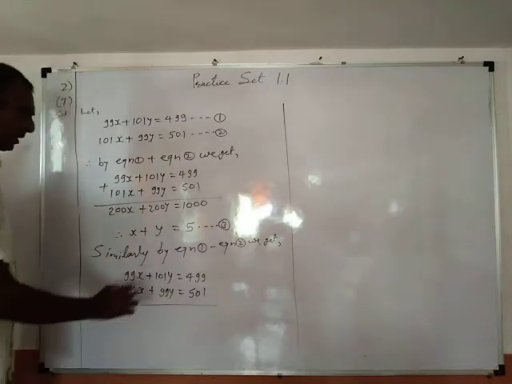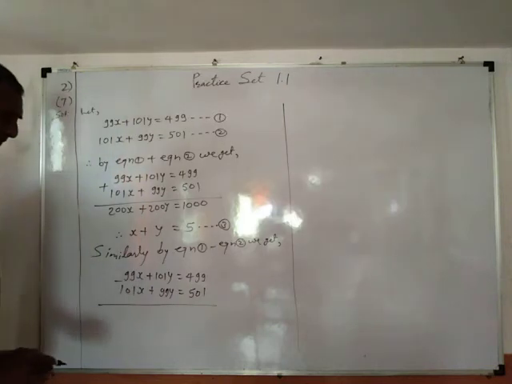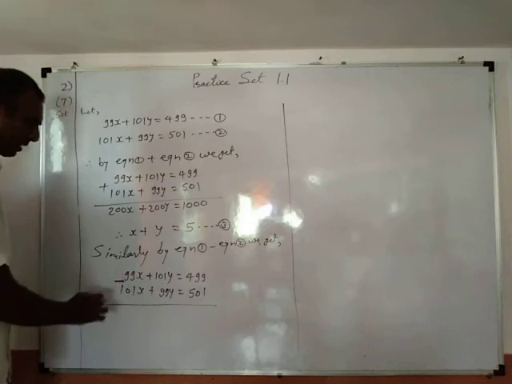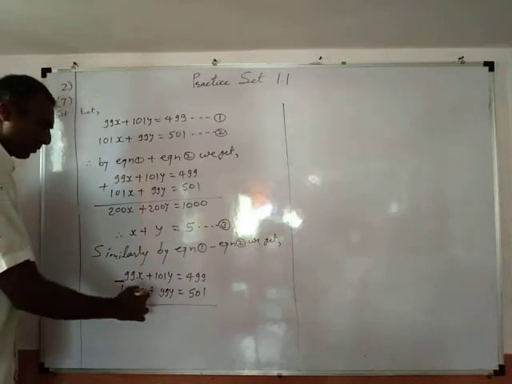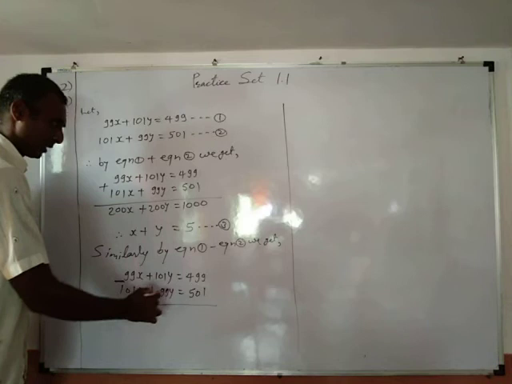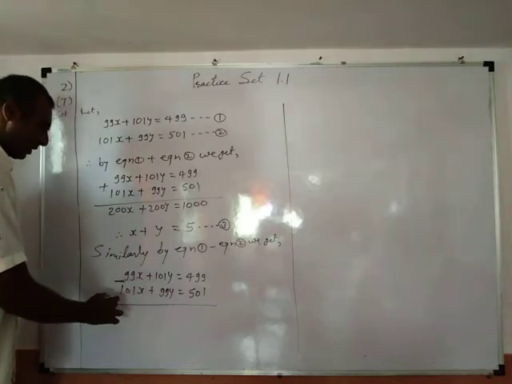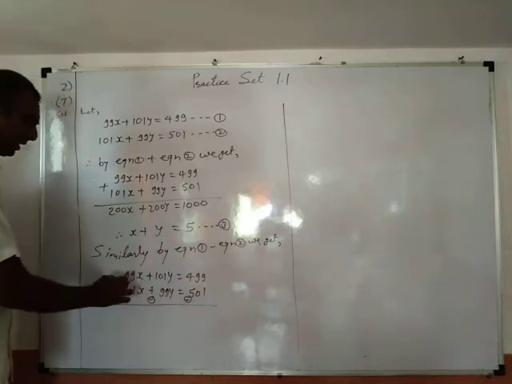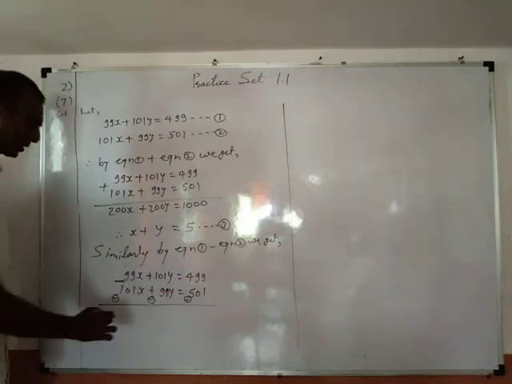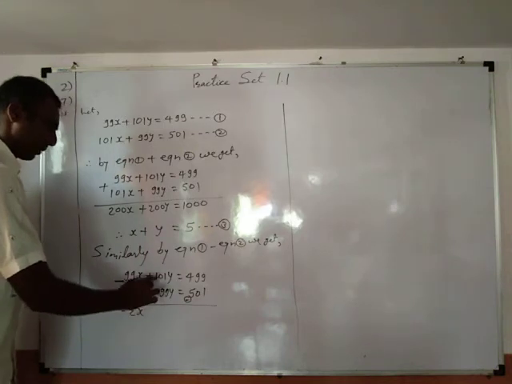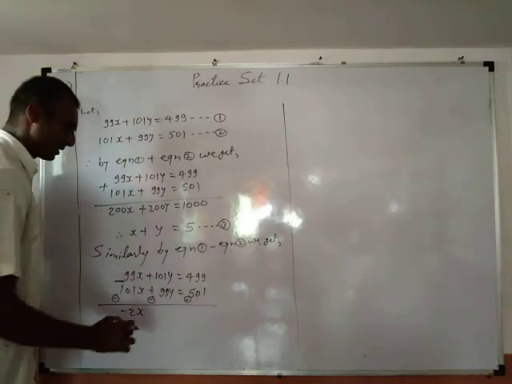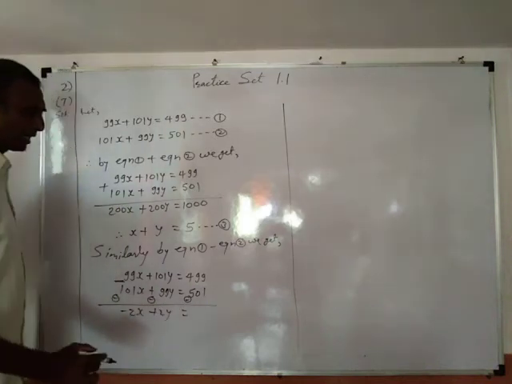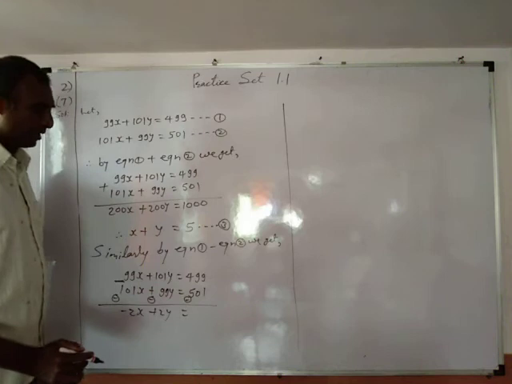As the operation is subtraction, let's write a minus sign in between these two equations, and due to this minus sign, the signs of every term of the second equation will change. 101x will become minus, this plus will become minus, this plus will become minus. 99x minus 101x gives us minus 2x, plus 101y minus 99y gives us plus 2y. That equals 499 minus 501.